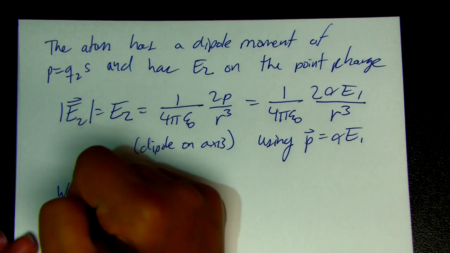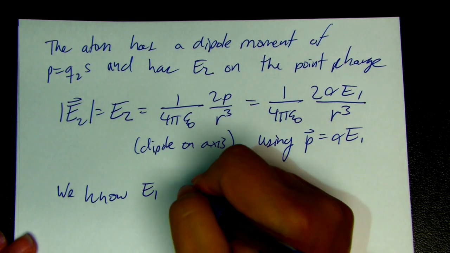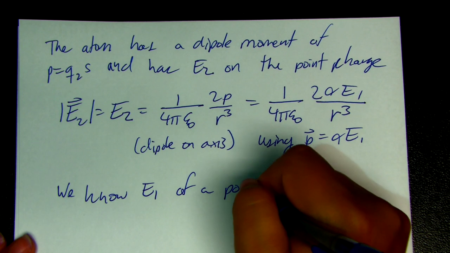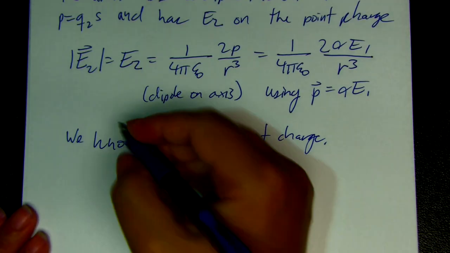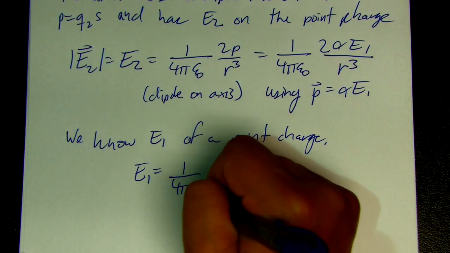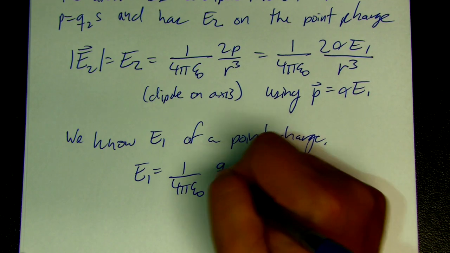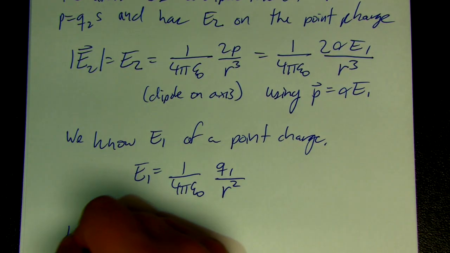All right, and we know E1 of a point charge. So E1 is equal to 1 over 4 pi epsilon naught q1 over r squared. So we can plug that into our E2 equation.